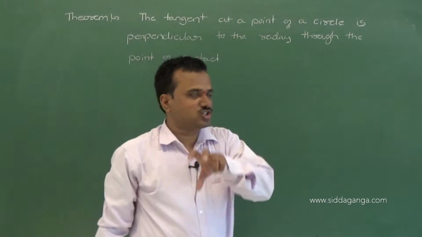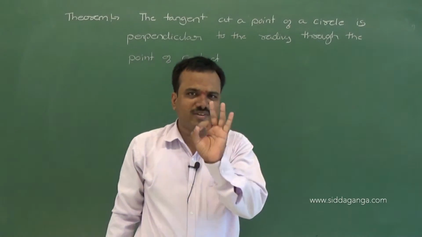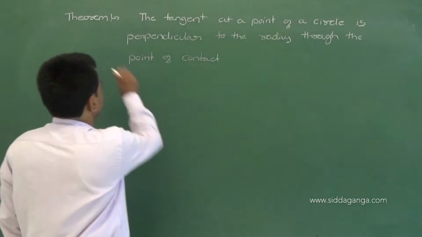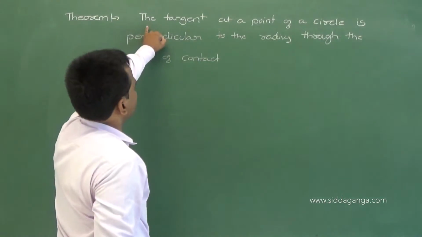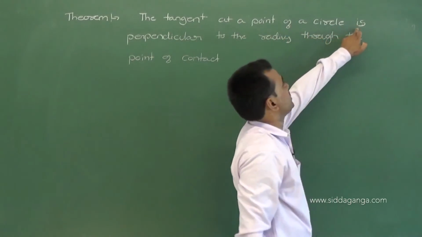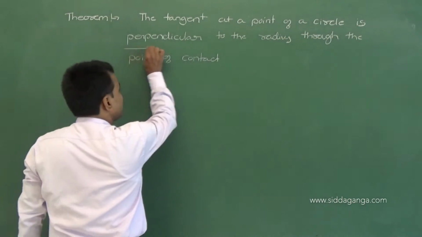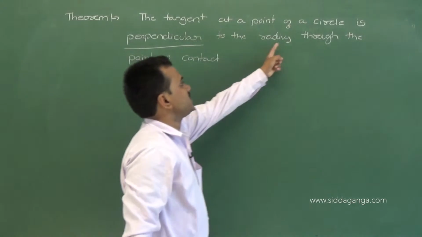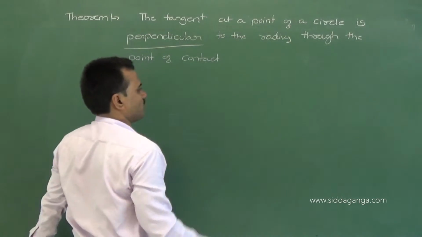See, in this chapter, two very important theorems are there. Theorem 1, the statement is the tangent at a point of a circle is perpendicular to the radius through the point of contact.